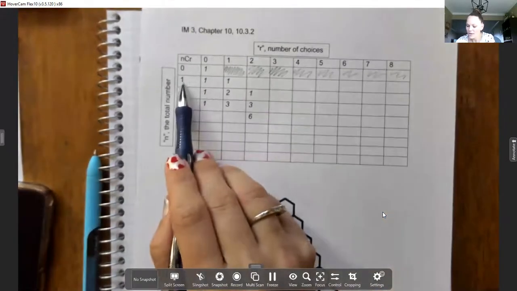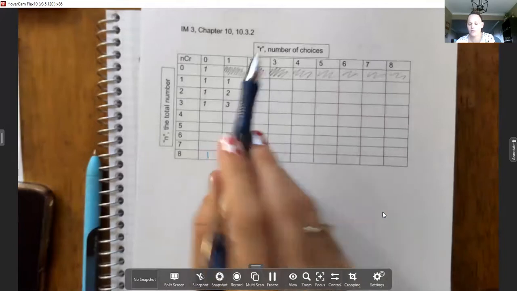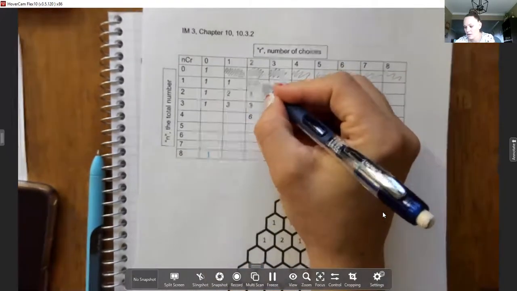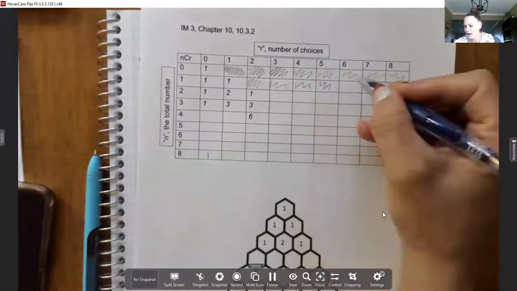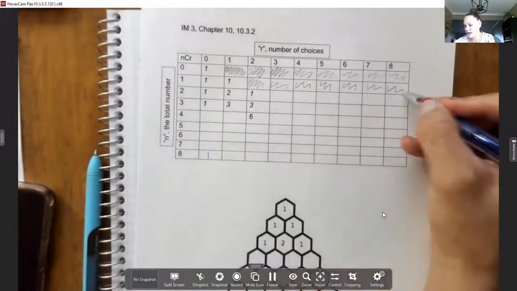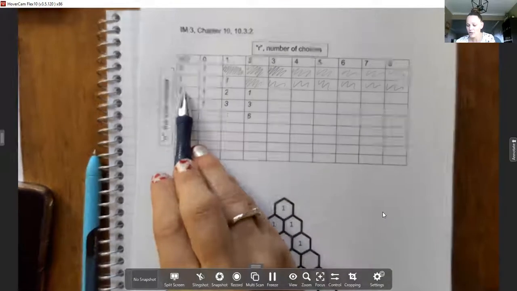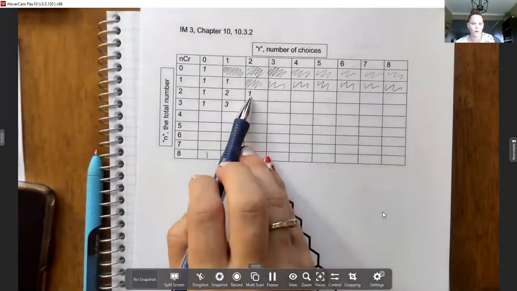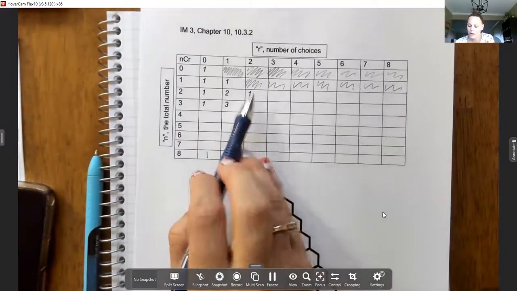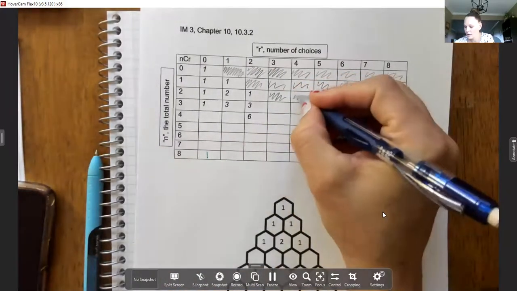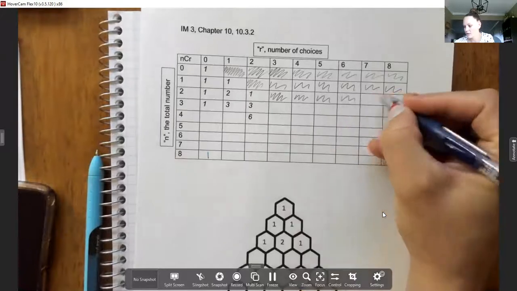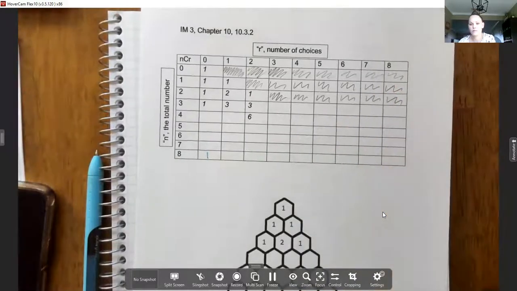If I have 1 thing, I can't choose 2 because we're not allowed to repeat. I can't choose 3, 4, 5, 6, 7, or 8. If I have 2 things, I can choose 2 of them, and there's only 1 way to do that. If I have 2 things, I can't choose 3, 4, 5, 6, 7, or 8.